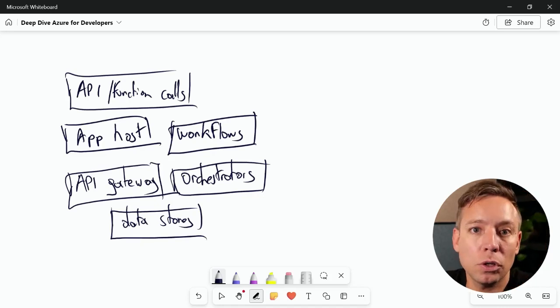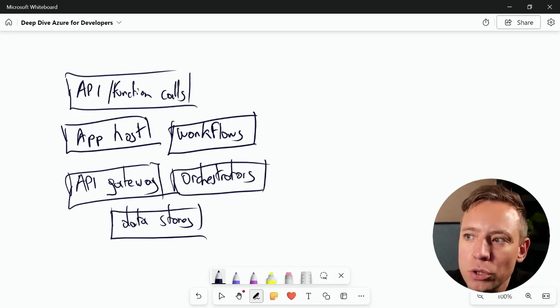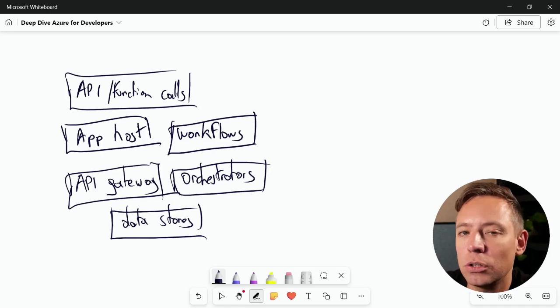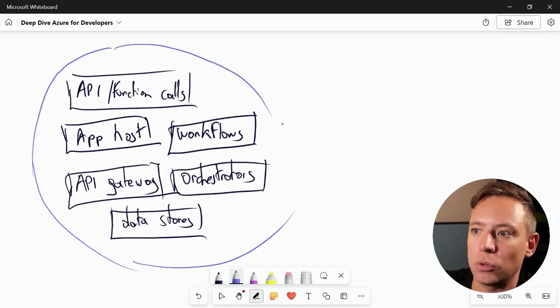Now, if you've followed the first course in this series, some of this may sound strangely familiar. We used App Services there to host our API. That is a platform as a service offering, which means that the management of the infrastructure is already delegated to Azure. We also used Azure Storage and Azure SQL in that course.